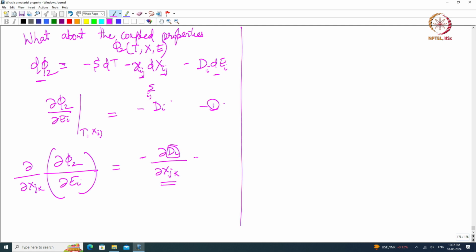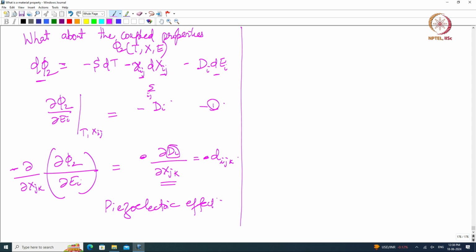So, this is nothing but my piezoelectric effect, piezoelectric property, and I am going to write it as dijk. I am just going to transfer the minus here. So, this is piezoelectric effect.